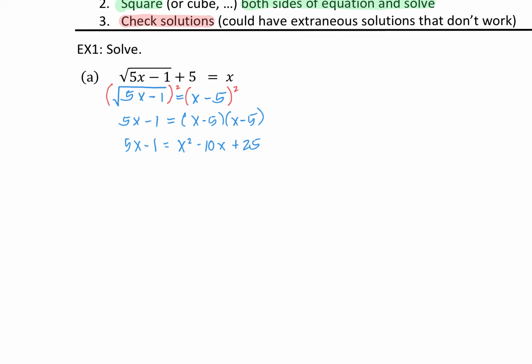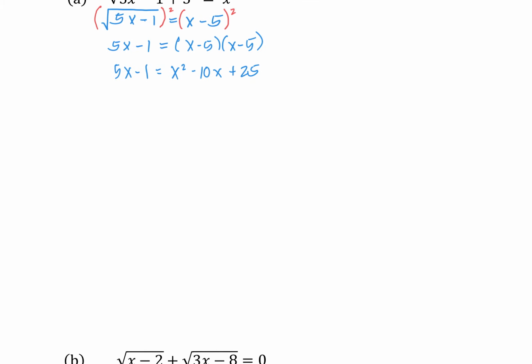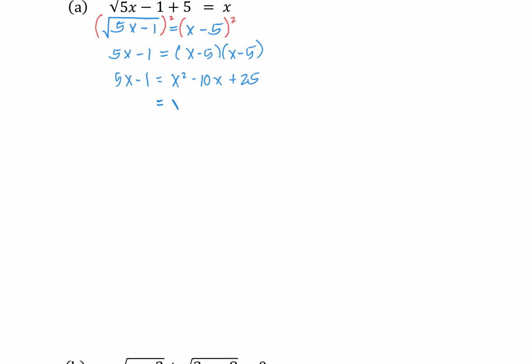So now I see that I have a quadratic equation. I'm just going to bring everything over to the right-hand side where the x squared is. To get x squared, if I minus 5x, I get a minus 15x. Add 1, I get a plus 26. And that will be equal to 0.